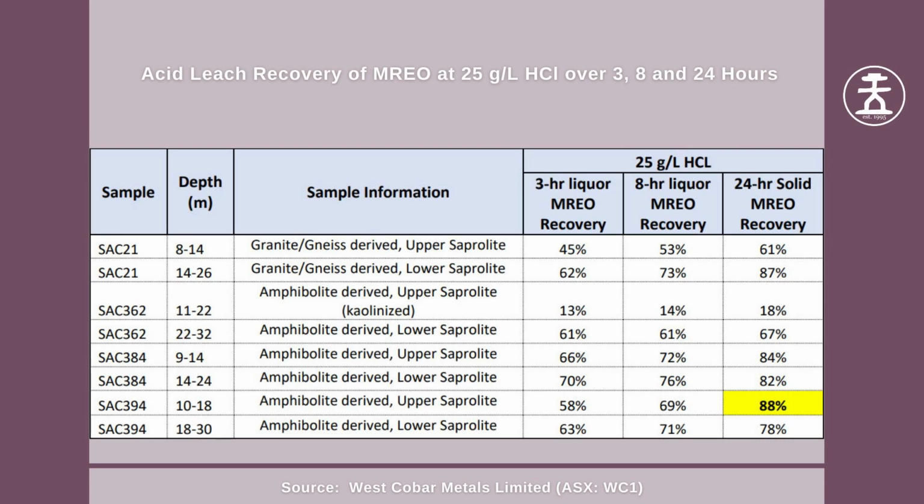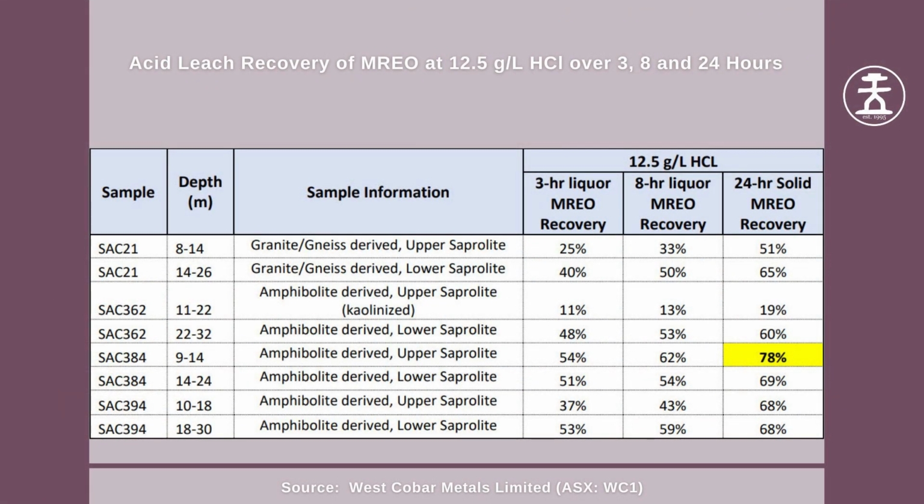So overall, for a reduction from 100 grams to 25 grams in acid per litre, you're incrementally losing 6% recoveries, which isn't a game changer in terms of recovery loss, but it is a game changer in using less acid. So very encouraging results on the 25 grams per litre, and I think we thought, that's a really good start. Can we go further than that? So we had a look at the 12.5 grams, which is the next obvious step.